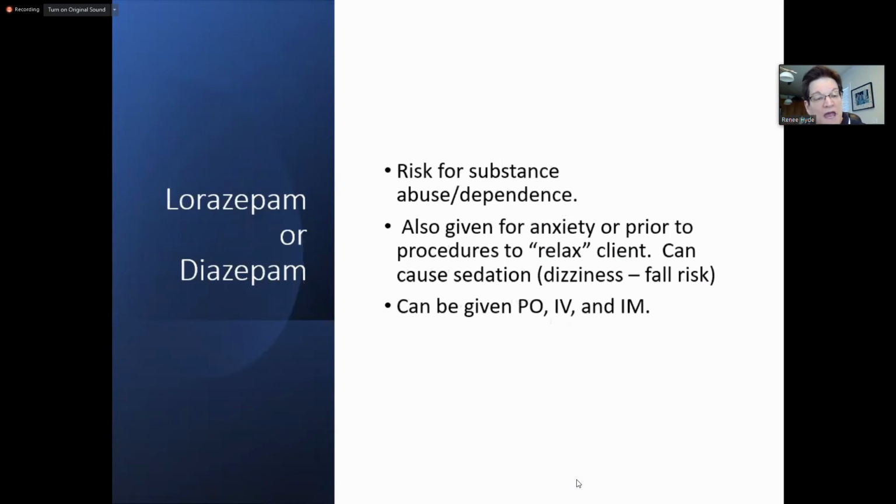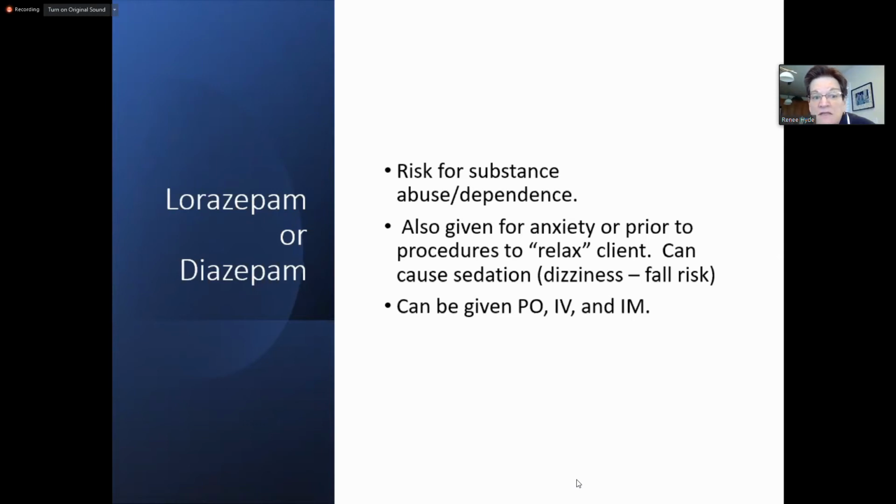Now, if they're taken long term, there is the risk for substance abuse or dependence. But typically, we do not give these medications on a long-term basis for seizure control. We also give these medicines sometimes prior to procedures to relax that patient because it can cause sedation.